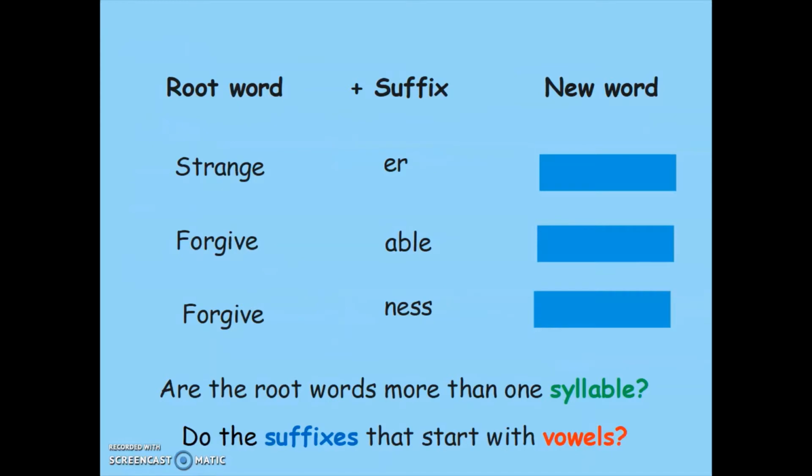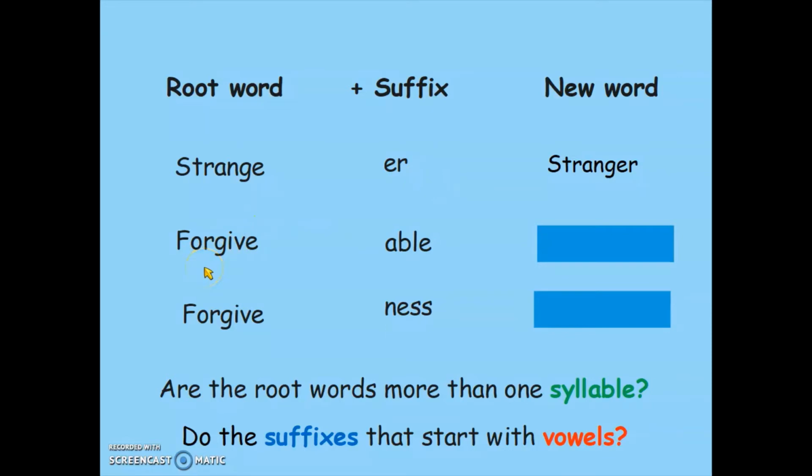Let's try these 3 examples together. You might want to think them in your head, or you might want to write them in your literacy book. The first root word is strange. The suffix we are adding is er. The new word, stranger, and you should have spelt it with just 1 E, because we have to lose the first E and then add the suffix.